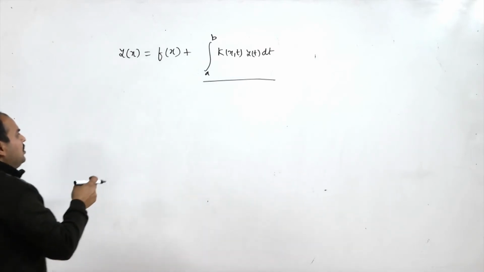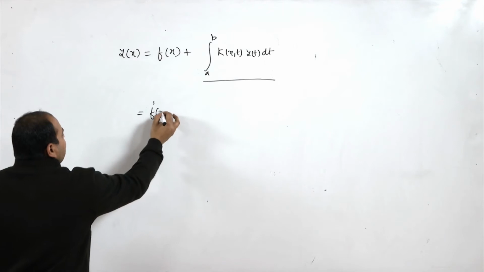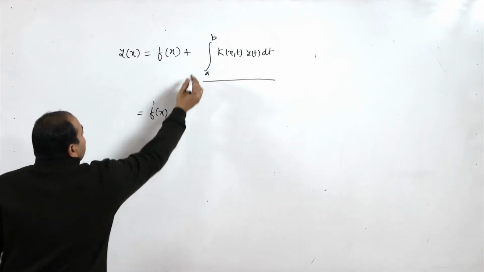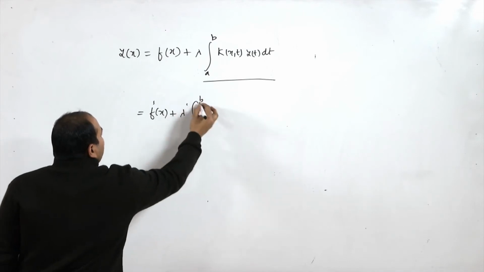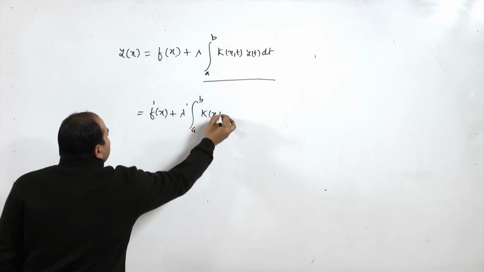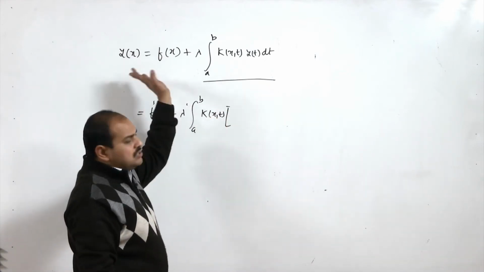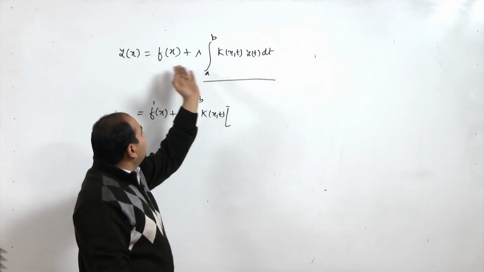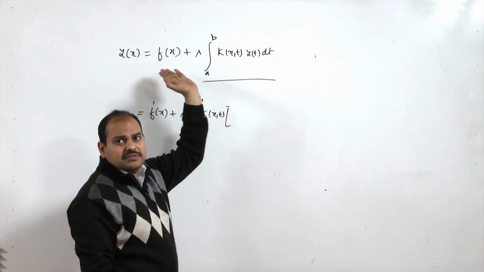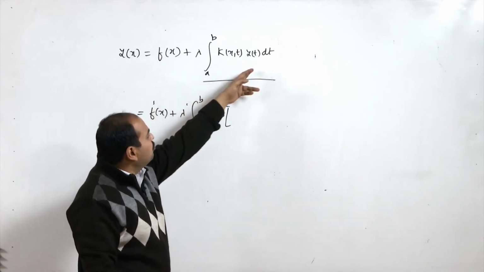So what we try to do here is write it as f of x plus lambda, integral from a to b, k of x,t, and in place of y of t let us use this formula again. We know that y of x is a function which satisfies this Fredholm integral equation, so I can use this expression for y of t also.